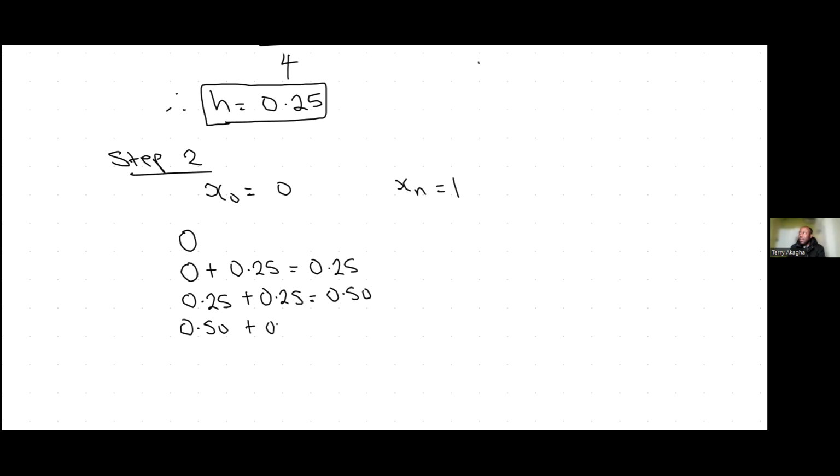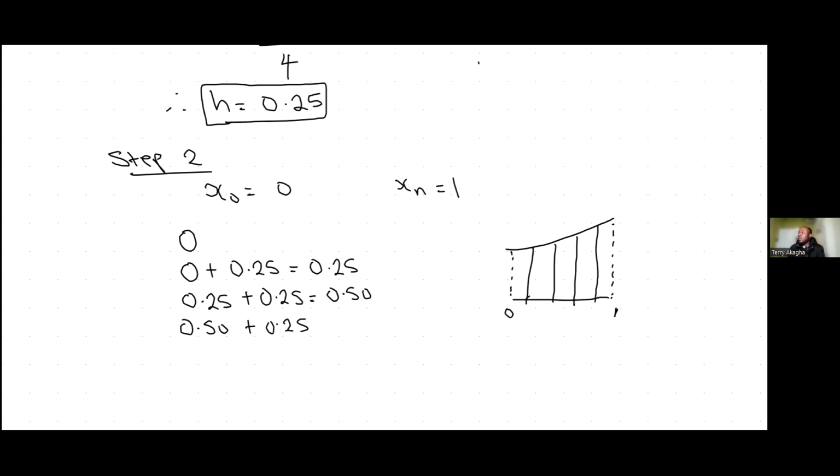Like I said, if this was the curve, and we're told that the beginning was 0 and the final end was 1, and we're having 4 strips: 1, 2, 3, 4. Are you seeing it? The distance between each of them is equal, so we're looking for the values for each of these.